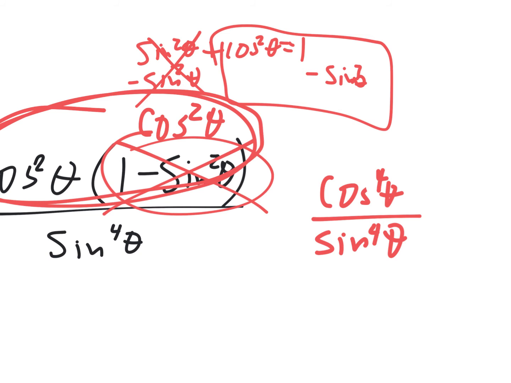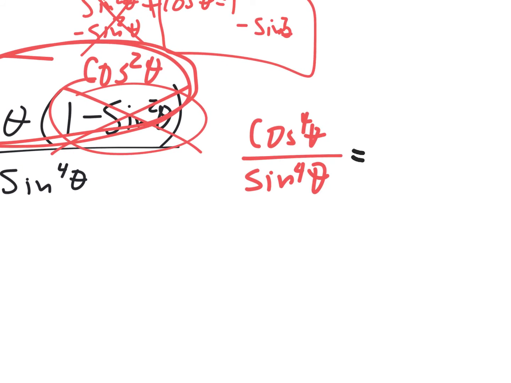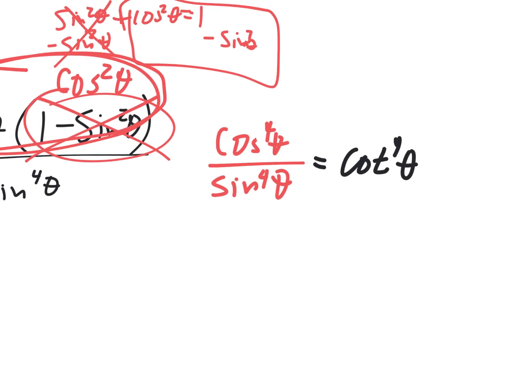I kind of wish this problem was upside down. Because then I think somebody would have got it. Is it cotangent? It is cotangent. Because if it had been upside down, you realize it is tangent. And then since it's upside down tangent, then the answer must be cotangent to the 4th of theta.